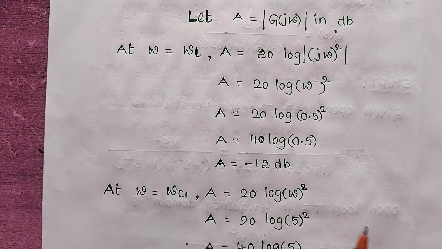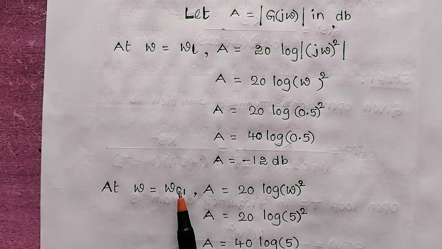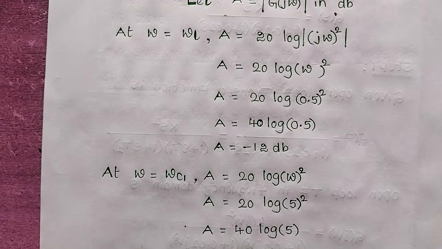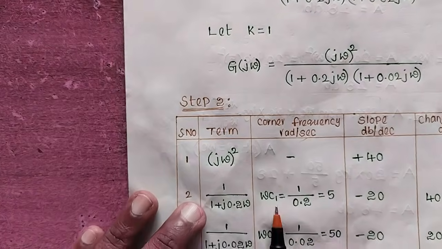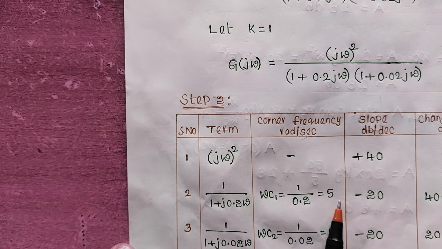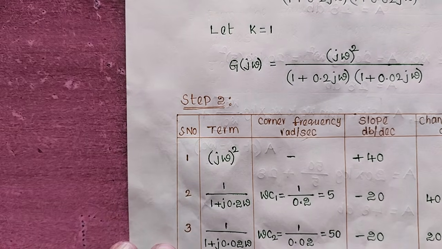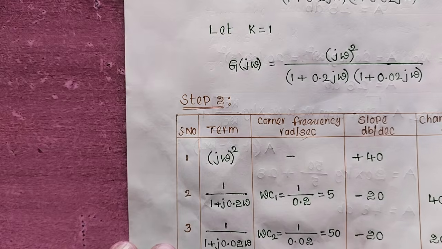Next, similarly we have to get the same at omega equal to omega C1, which is 5 radians per second. We have to solve for the magnitude at that frequency.